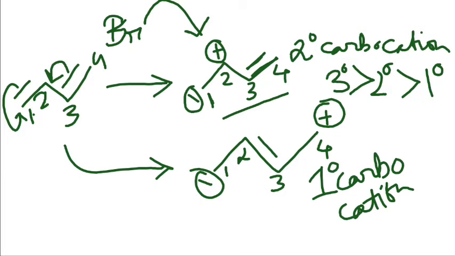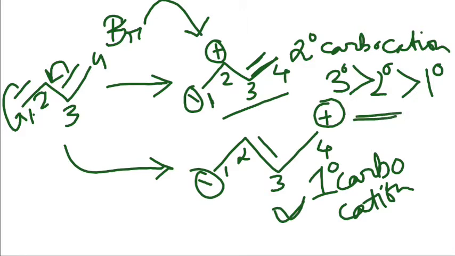Now one thing we have to remember is that the primary carbocation, which gives the thermodynamic product, is still more stable as a product than the kinetic product.